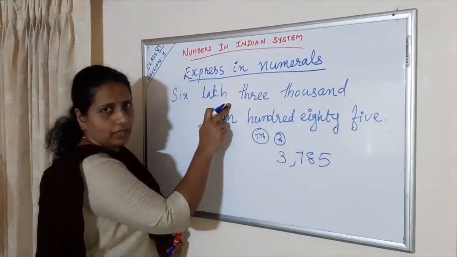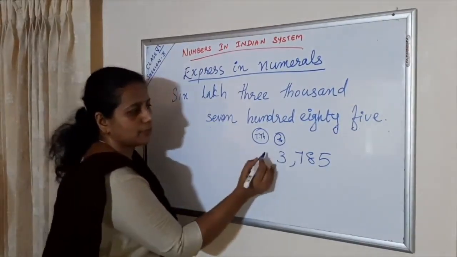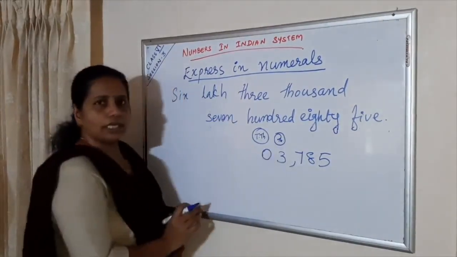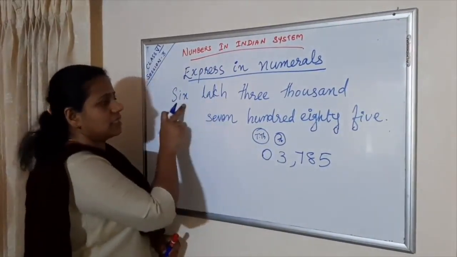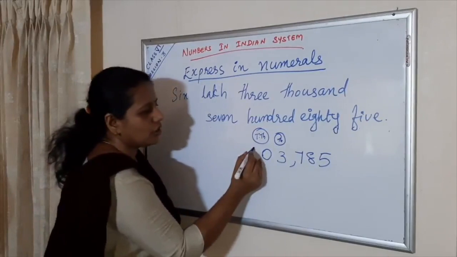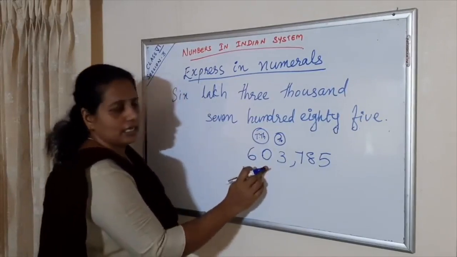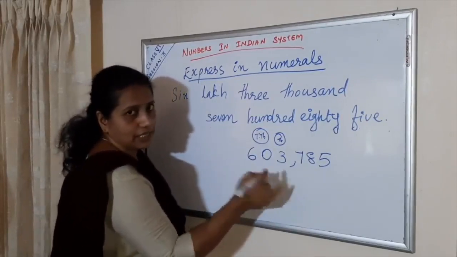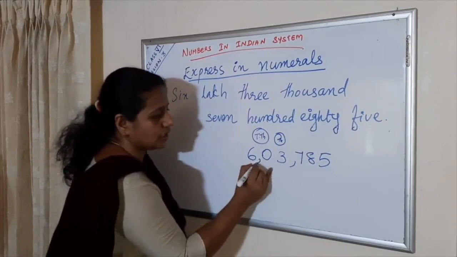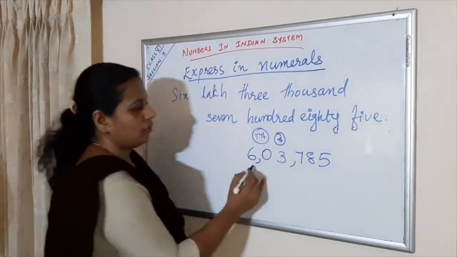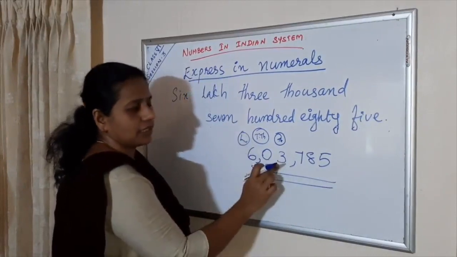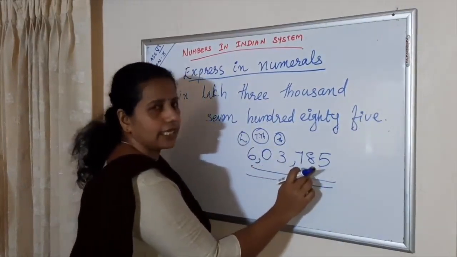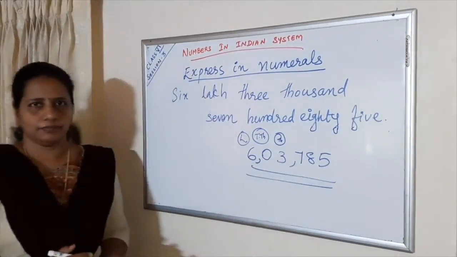Nothing is there, it is empty. So put a 0. After 10,000 comes lakh. In the lakhs place, 6 is given. So 6 lakh. Then you know the pattern is 3-2-2, so insert the next comma here. Now you can read this one as 6 lakh 3,785. Clear?